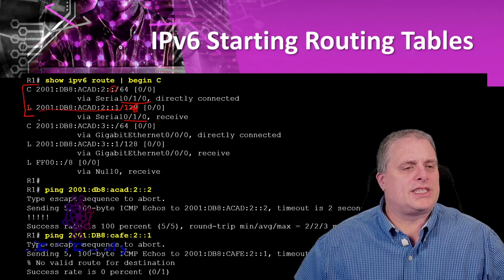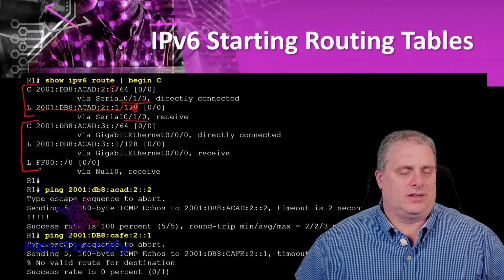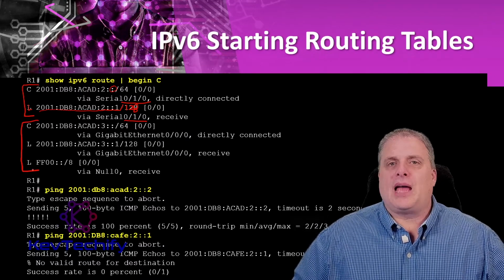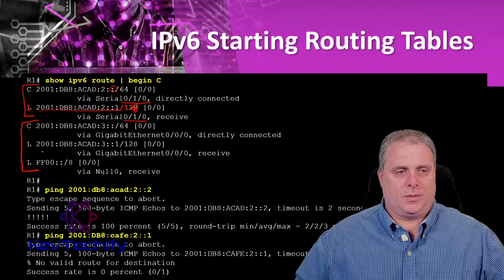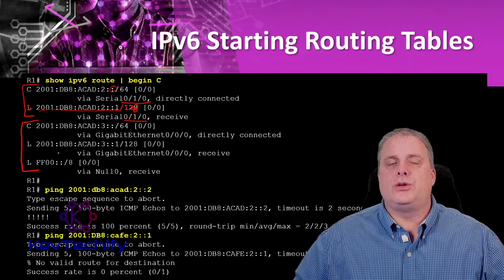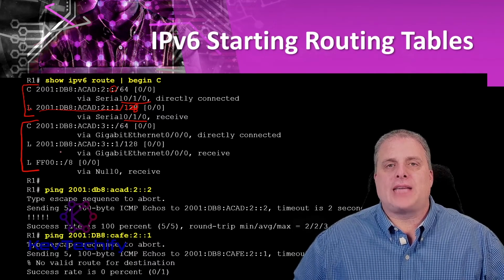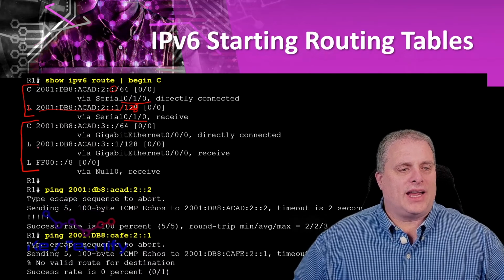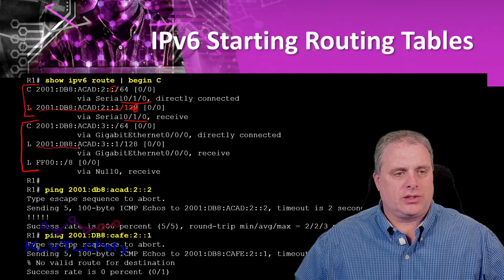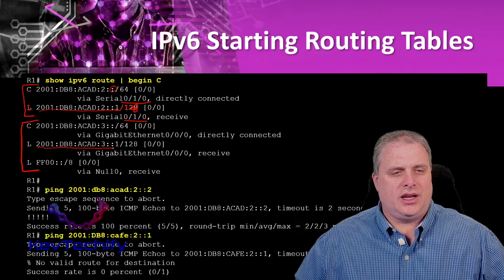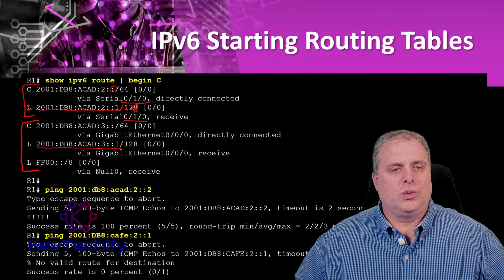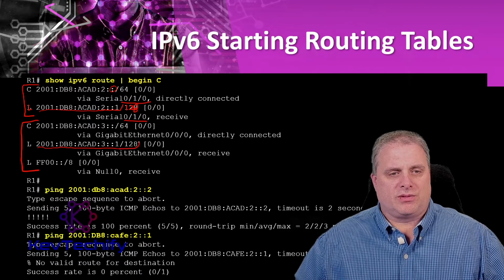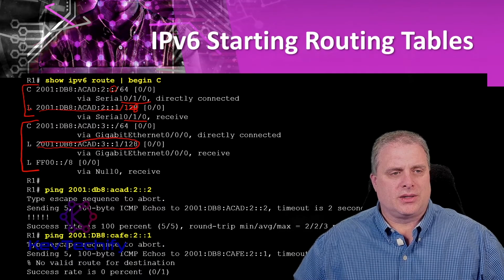Next, we have a C, an L, and an L. You have to remember with IP version 6, a lot of times we get 2 IP version 6 addresses on an interface. One is our global unicast address, which this one is 2001:DB8:ACAD:3::1. And once again, we match the full 128 bits.